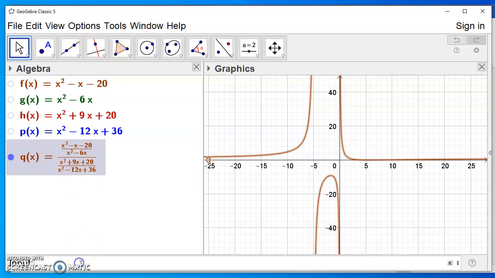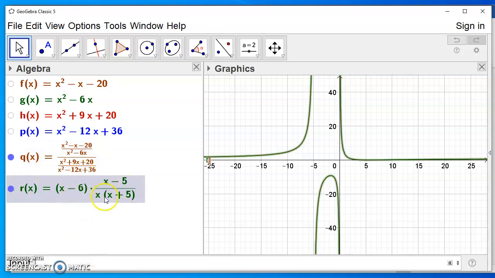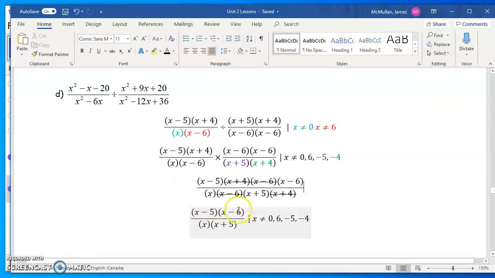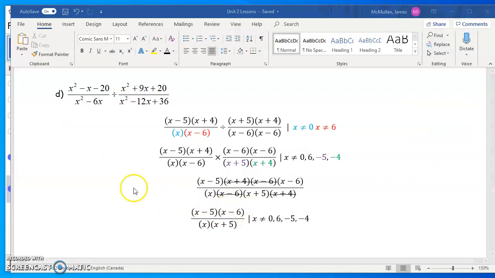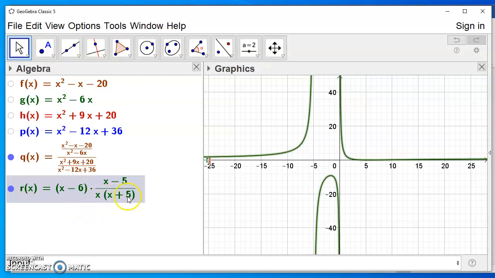GeoGebra is pretty good at this, right? Because you type simplify q, and it will actually be able to figure out how to do this. So notice it gives us our answer. x minus 6, x minus 5 on the top, which is exactly what we have, and then x and x plus 5 on the bottom. So again, our simplified version worked.